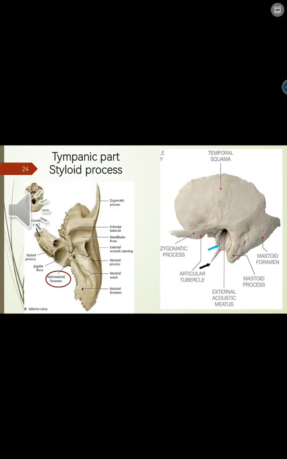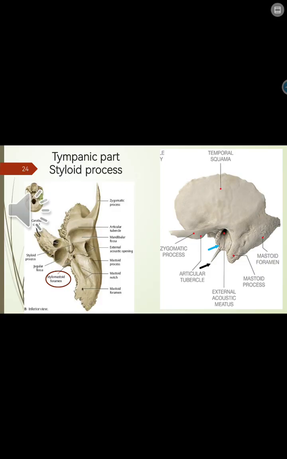And the last part of the temporal bone is the styloid process. I show you with a black arrow. This process projects anteroinferiorly from the inferior aspect of the temporal bone. Its length may vary in different individuals. And its proximal part is sheathed by the tympanic plate.